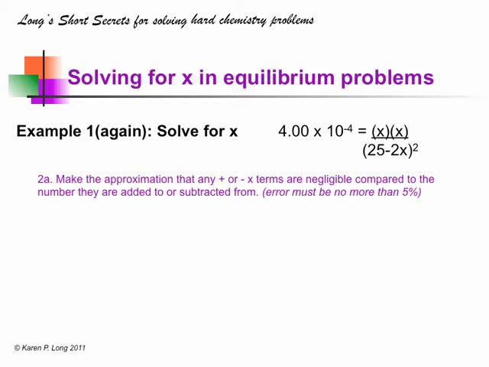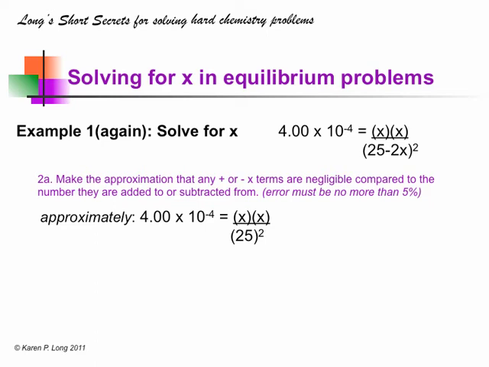If you had 2 times 0.1, that would be 0.2. Subtracting 0.2 from 25 with no decimal places would give an answer of 25. Two significant figures, the proper number. So pretty much you've got the same answer whether the 2x was there or not. So we're going to assume the 2x is 0 and solve the problem that way.